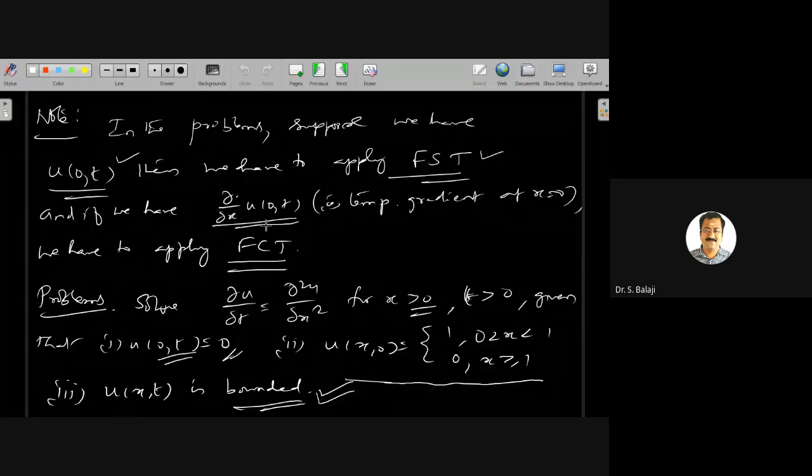And if we have ∂/∂x of u of 0 comma t, this is the temperature gradient at x equal to 0, now you have to apply the Fourier cosine transform. So this is the idea you have to remember.